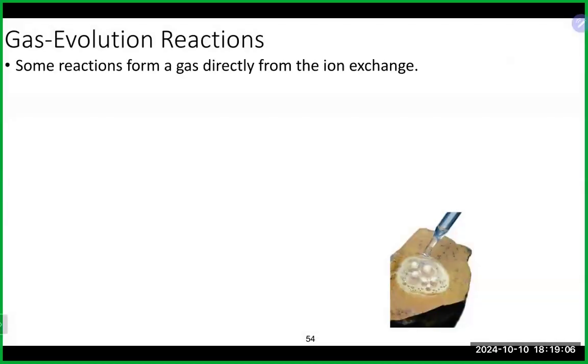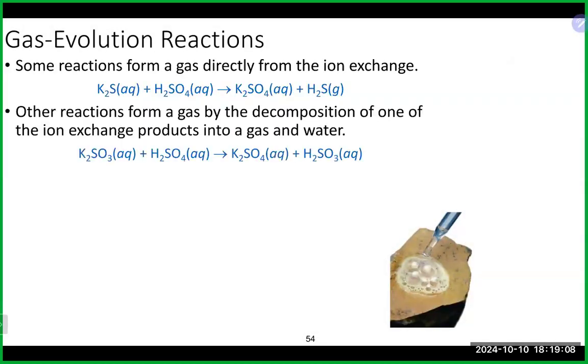In a double displacement reaction, there are really two ways that a gas can be generated. One way is as a direct result of a product being made. One of the products that's being made is a gas, and that's what we see here. This is potassium sulfide, positive, negative, and sulfuric acid, positive, negative.